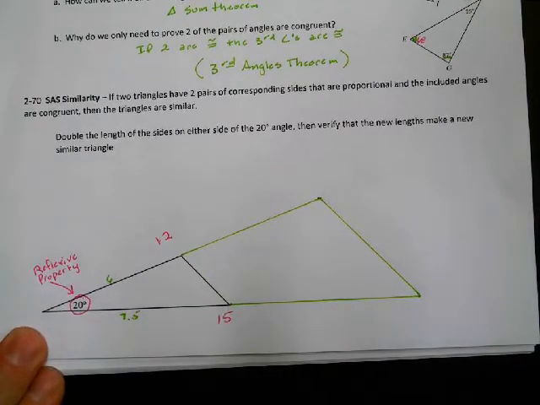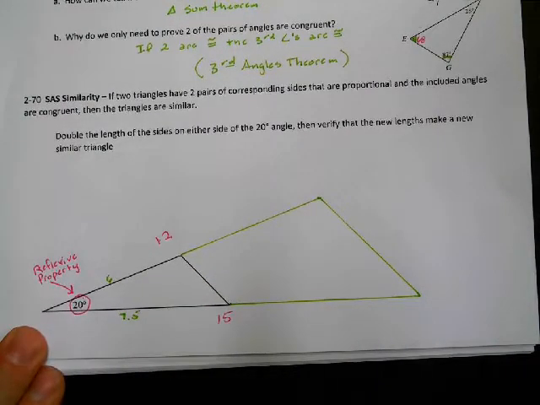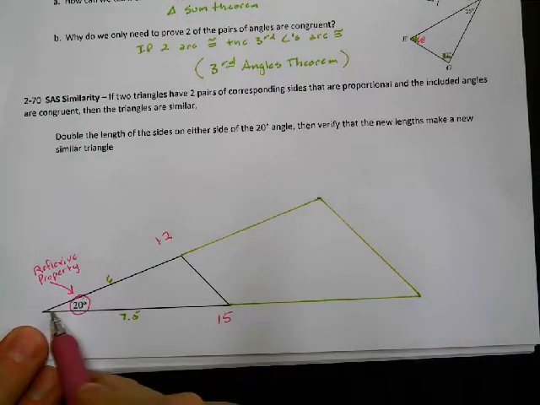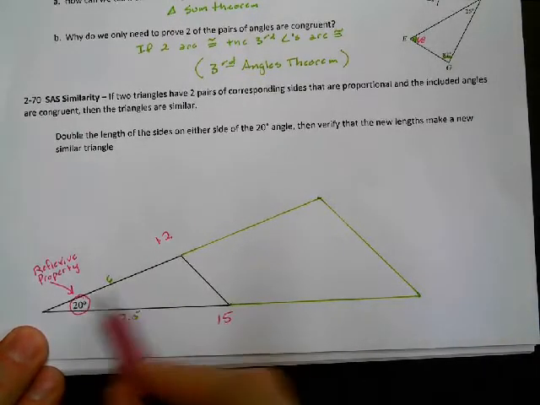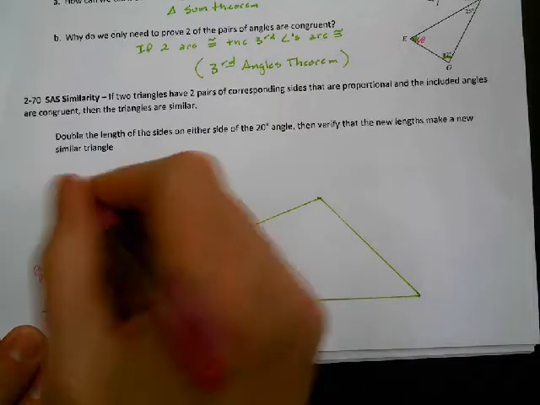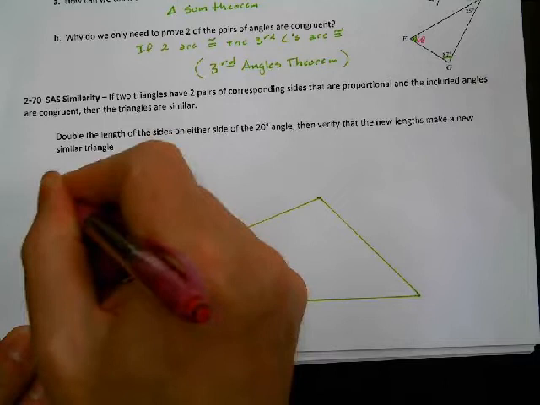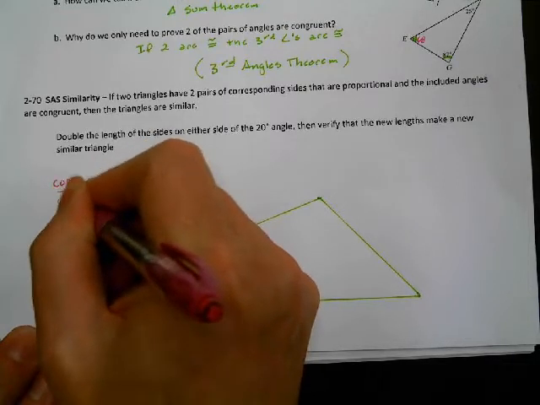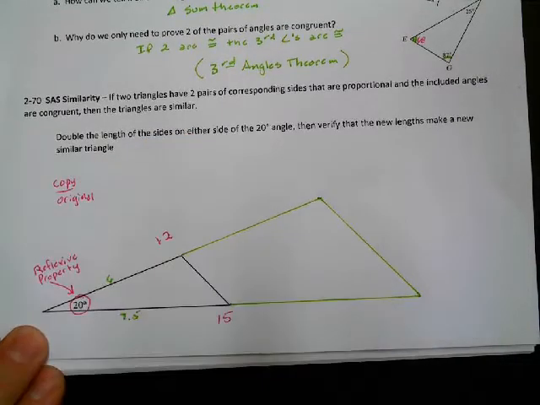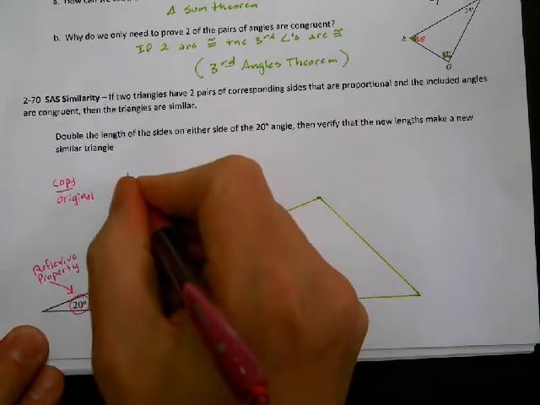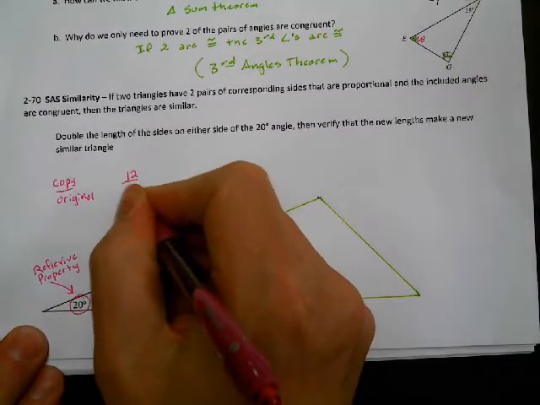So what I have here is one side. The original was 6, the copy was 12. Remember, you usually do copy over original. So the copy was 12, the original was 6. That reduces to 2.